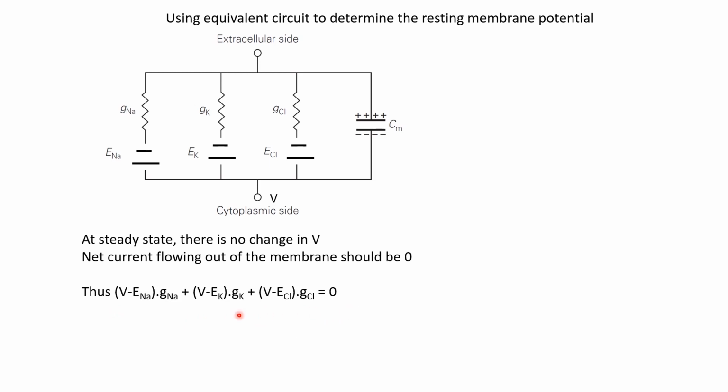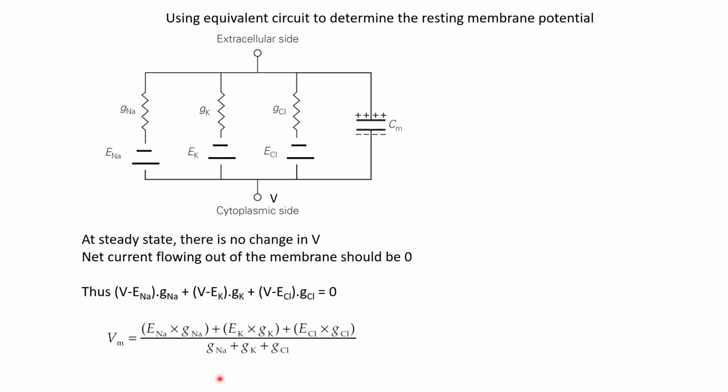And if we rearrange these terms, we get V equals ENA times GNA plus EK times GK plus ECL times GCL, divided by the total conductance GNA plus GK plus GCL. If the membrane potential is equal to this value, then at that point the net current flowing out through the membrane becomes zero.